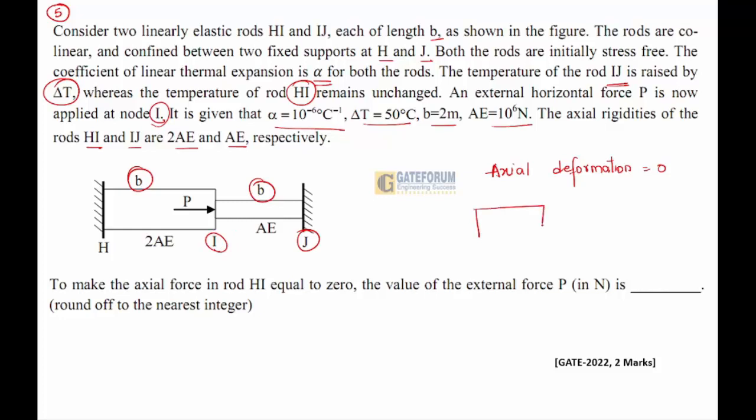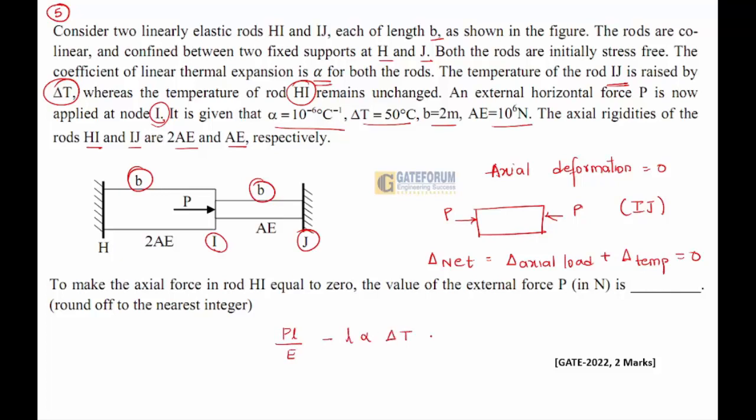If I take the rod IJ, on which P will be acting, I'll write delta net will be equal to delta due to axial load plus delta due to temperature, which will be equal to 0. PL by AE minus L delta T into alpha will be equal to 0.